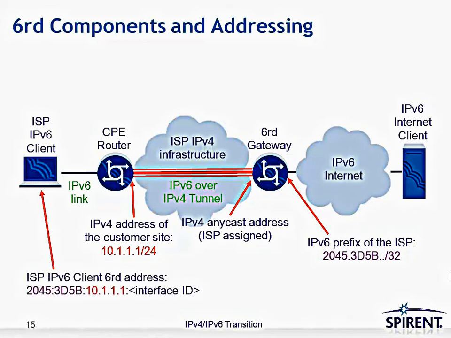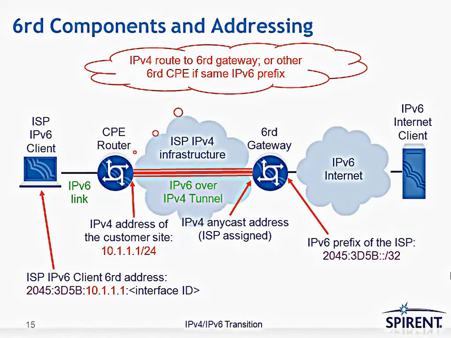So notice how the ISP IPv6 client creates a 6RD address using the ISP's IPv6 prefix as well as the IP version 4 address of the ISP side of the CPE router, followed by the ISP client's interface ID.